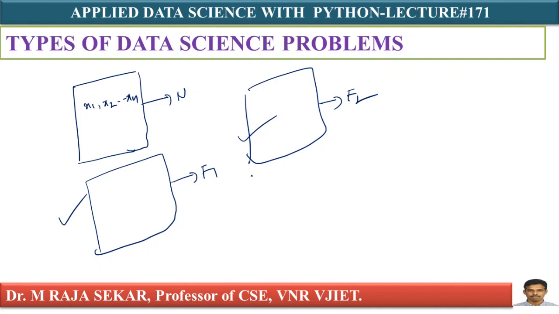So in this case you see that there are three classes. N means normal, f1 means fault 1 situation, f2 means fault 2 situation. So this is called a multi-class problem. Again, when new data comes in, we want to label it as normal, f1 or f2.